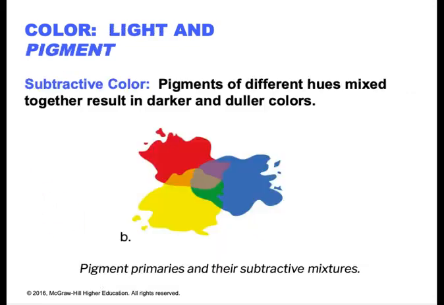And then the pigment, which are splotches of paint, is subtractive because your eyes don't absorb all colors. And that's why it actually gets darker and muddier. So by the time if you mixed all three primary colors of paint, you're going to get just like kind of a dark, muddy brown because your eyes are actually absorbing all those different colors together.